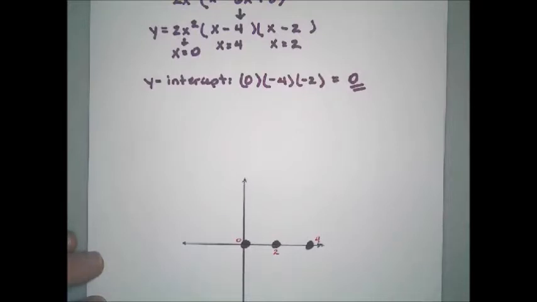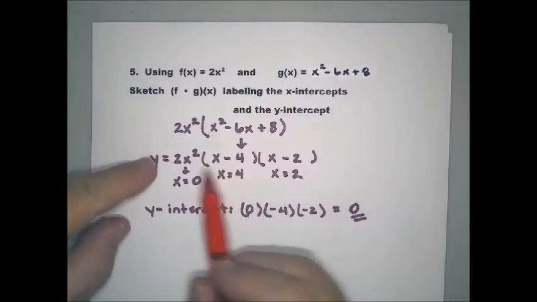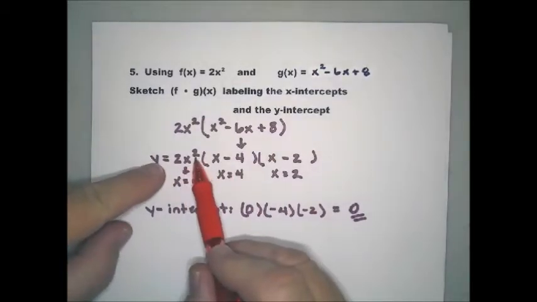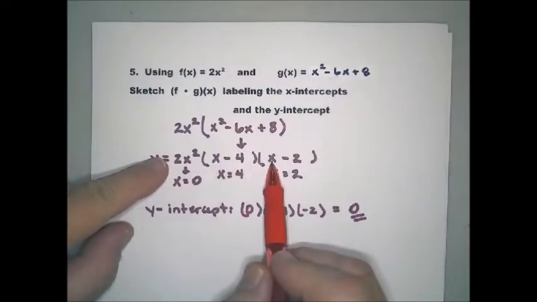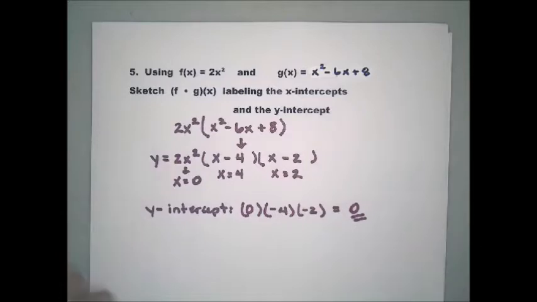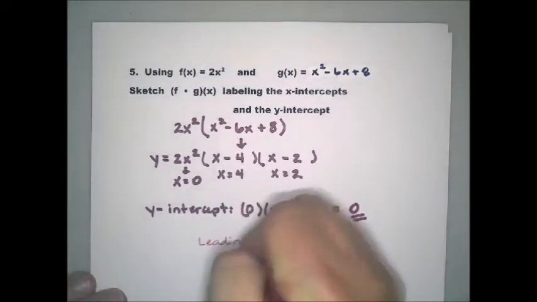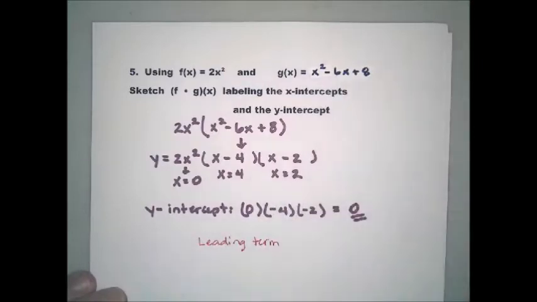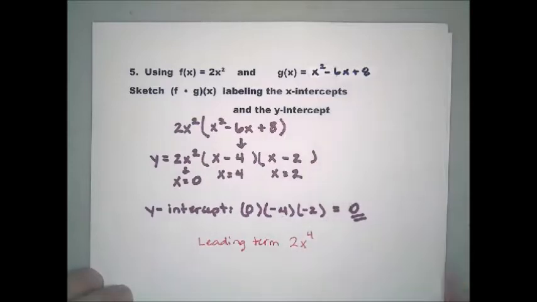Now, what's the end behavior of this graph? Well, if we go back up here to the equation, I would have 2x squared multiplied by another x. That would be 2x cubed multiplied by another x. That would be 2x to the 4th power. So the leading term would be 2x to the 4th power.